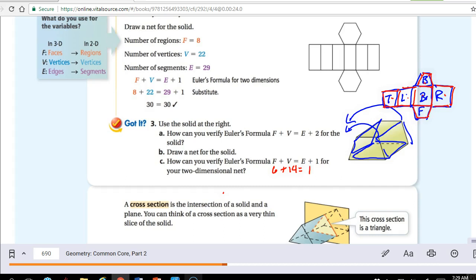So there's going to be 19 edges. And according to the formula, you add 1. And 6 plus 14 is 20, in the same way that 19 plus 1 is also 20. So we verified it for both two-dimensional and three-dimensional. A was all about the three-dimensional drawing, and C was all about verifying Euler's formula for when we've laid it out in a two-dimensional format or laid it out flat, which is called a net. Hope this was helpful to you. Best of luck.